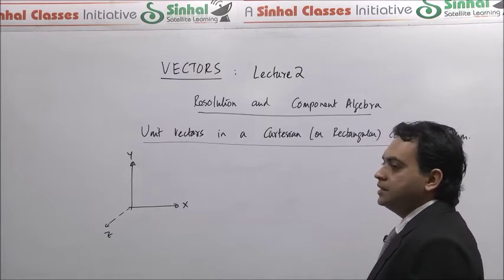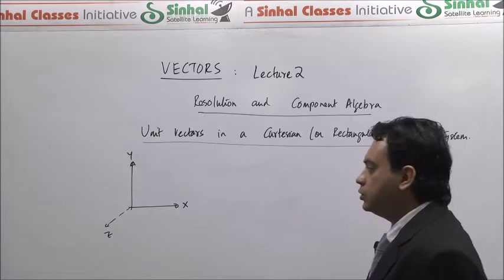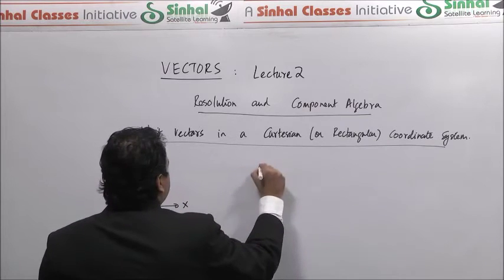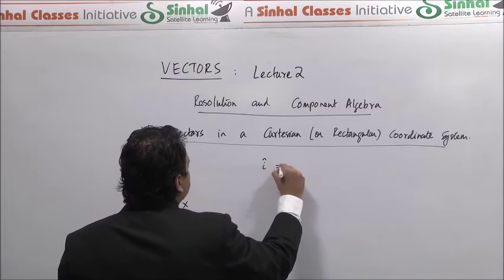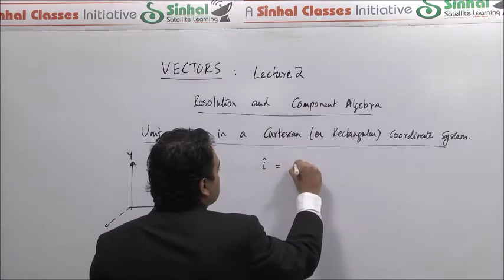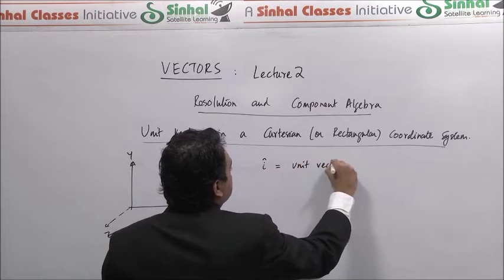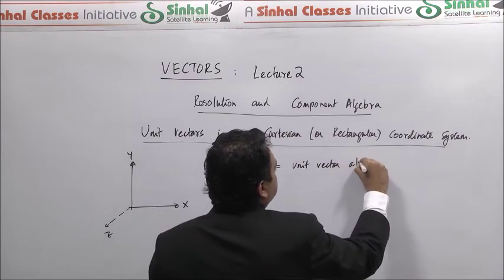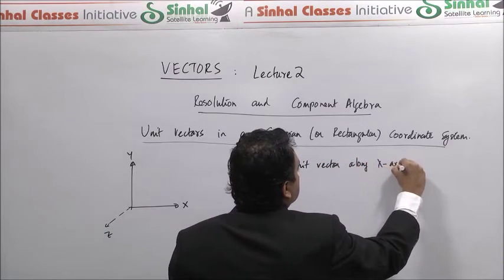Now the standard nomenclature and convention that we use is i cap is the symbol which is defined for a unit vector that is lying along the x-axis. So i cap is defined as the unit vector along the x-axis.